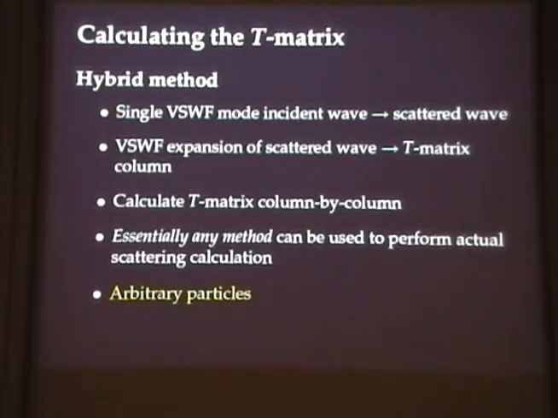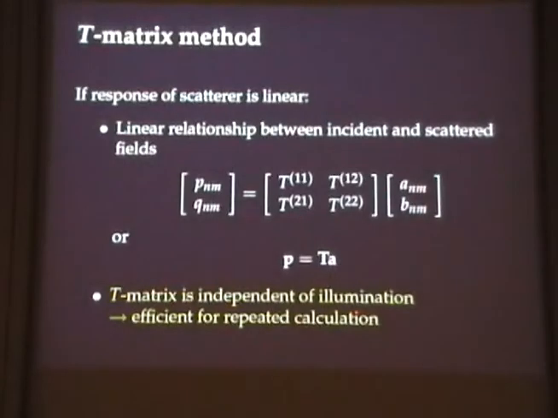But really, we can use any method. I'll elaborate on this next time, but a simple way to do it, if I come back to here, if my right-hand vector, my A vector, if that is basically all zeros except for one value, my left-hand side, my scattered field, that's the same as one column of my T matrix.